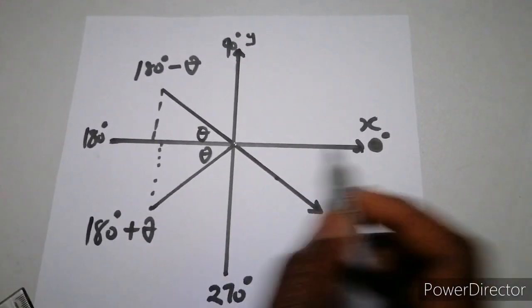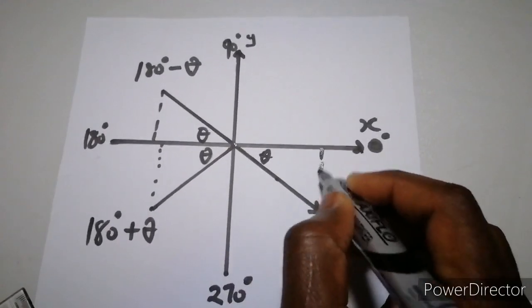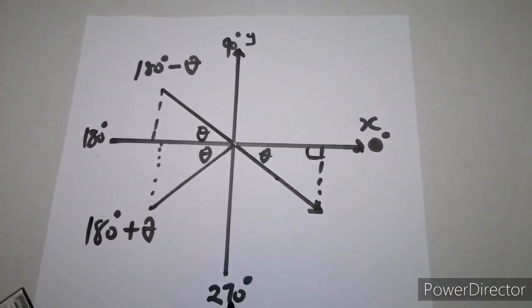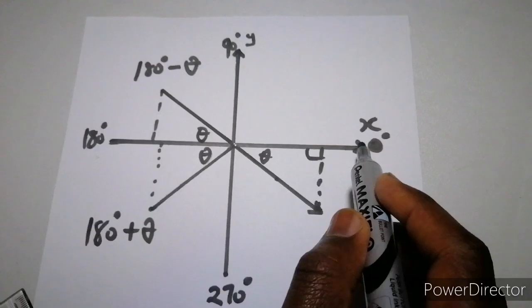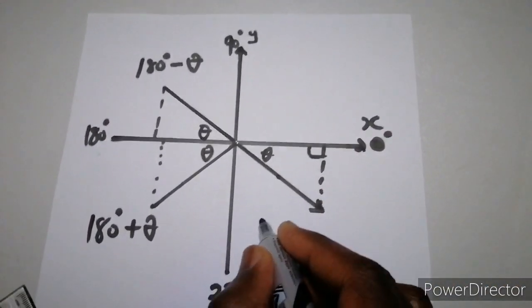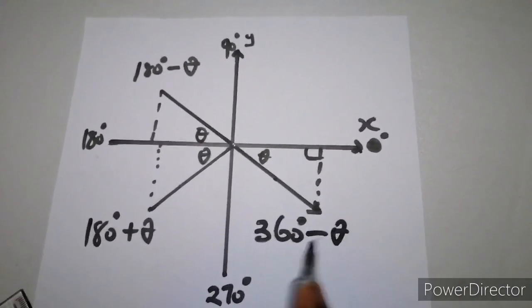This is 360. Remember, we want to use this reference angle. When you join a right angle triangle, you're going to see why we are using 360, not 270. Right, 360 completed, then we take back the arm, we subtract theta. This is 360 minus reference angle theta.